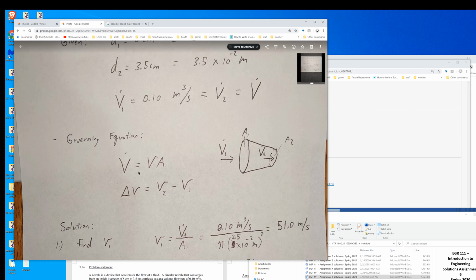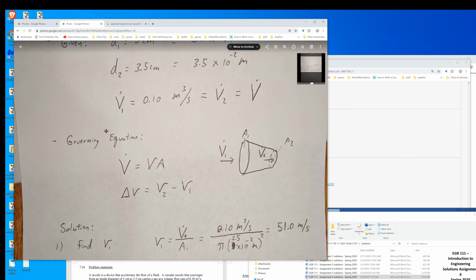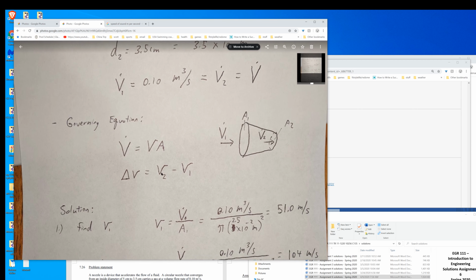Volume flow rate equals velocity times cross-sectional area. And the last thing we're looking for, the change in velocity, is just V2, the velocity going out, minus V1, whatever is coming in. I didn't actually draw the velocities on here, but the velocity of the fluid coming in is V1, and the velocity of the fluid leaving is V2. And these are the cross-sectional areas.